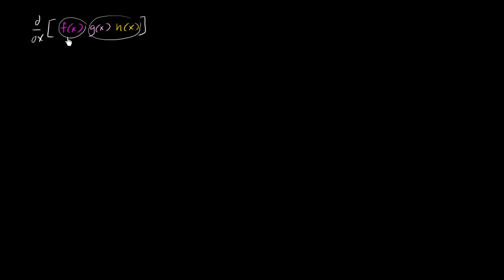So if we just view the standard product rule, it tells us that the derivative of this thing will be equal to the derivative of f of x, times the rest of the function, so times g of x times h of x, plus just f of x times the derivative with respect to x of g of x times h of x.